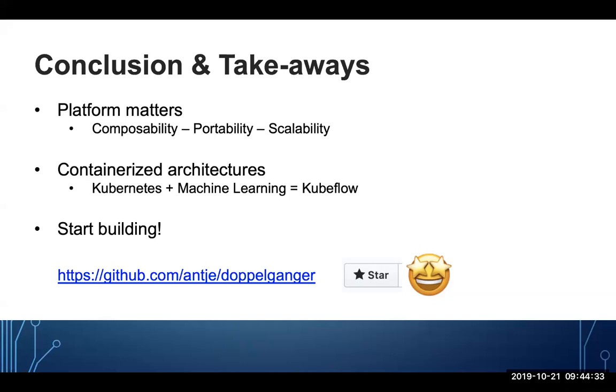So there are a lot of different components to think about, but really have a look at containerized architectures, as I think it proves a lot of value especially in how to scale in production, and obviously just start building, right? Try using the different demos and components here and see which tool really addresses your needs the best.